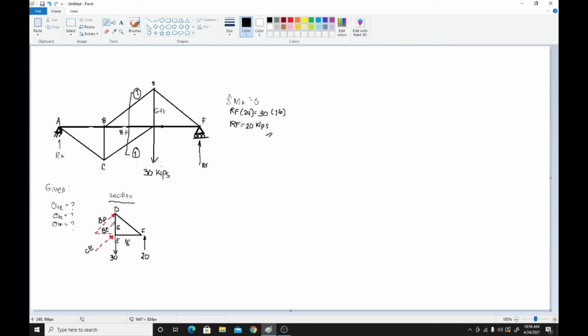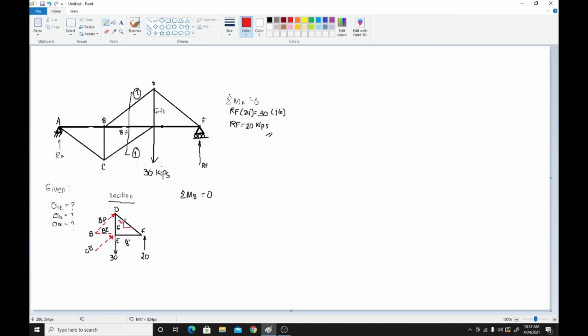Let's assume that the direction of member BE is tension, while compression for members BD and CE. To get the value of CE, we need to find first the moment at B. So the summation of moment at B is equal to 0, wherein members BD and BE vanish, and only member CE remains.